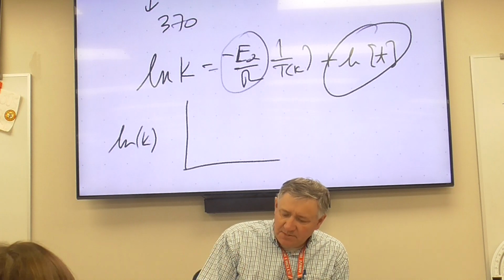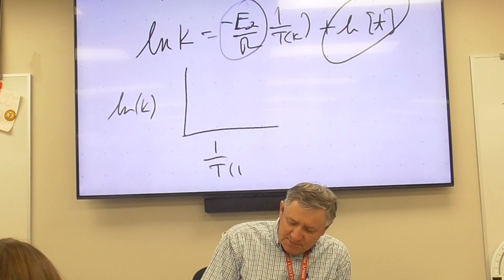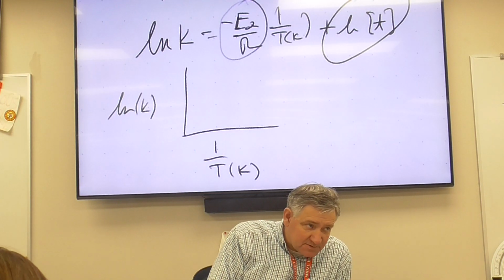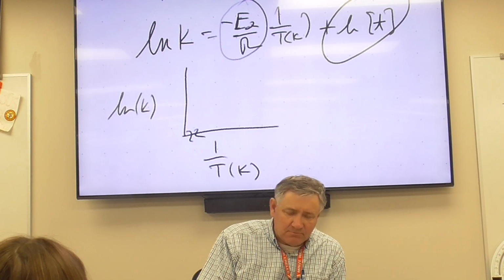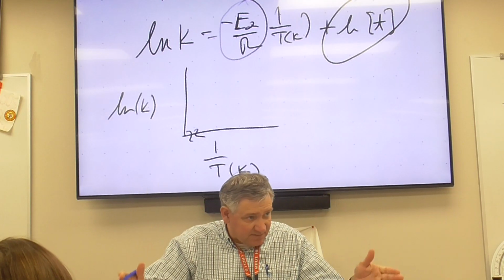So here's what's going to be important. Down here, that's going to be 1 over the temperature in Kelvin, which means these values are going to be pretty small numbers. In a situation like this, you could do a little axis break where you say, I'm just going to focus on these values.